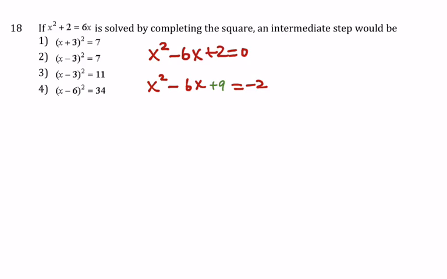Why did I add 9? Because 9 is needed, because what we have done was we got negative 6 divided by 2, and then square that. Then we get x minus 3 squared is equal to 7, and that's exactly what we're looking for for number 18.